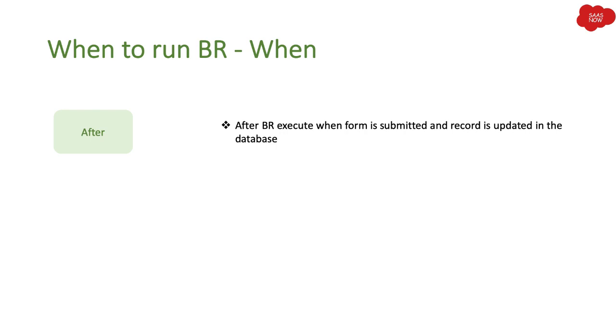That's called the timing of this particular business rule. As an example, if you want to copy some fields from parent to child after insertion, after the record is inserted in the ServiceNow incident table, in that case you can use an after business rule.